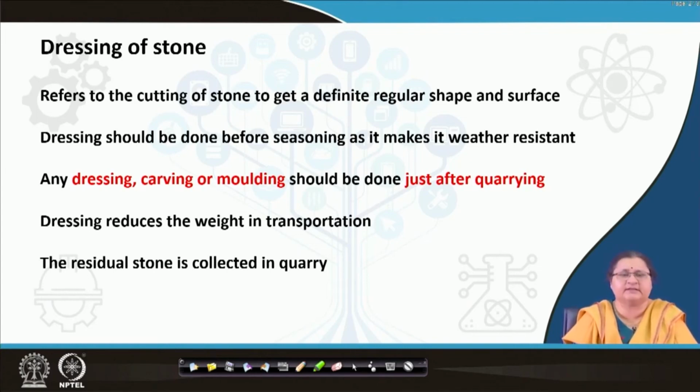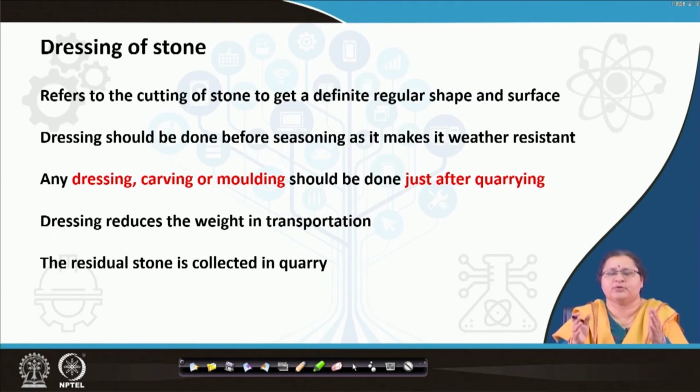As you can see in the third line, it is written dressing, carving, molding, all should be done just after quarrying. So, stone is still softer than what it should be, which helps in the process of giving it any shape. And obviously, once you are dressing, you are giving a shape or form, or you are making it regular.